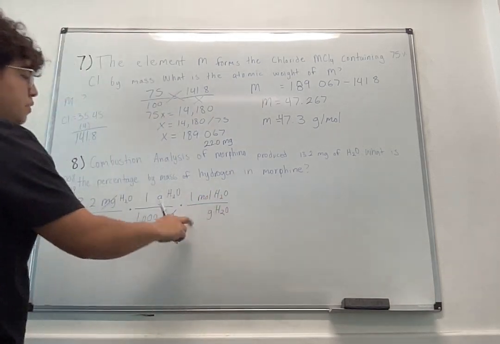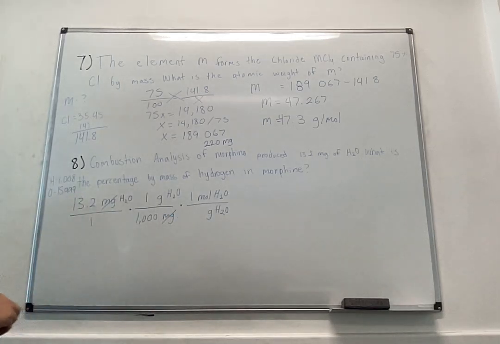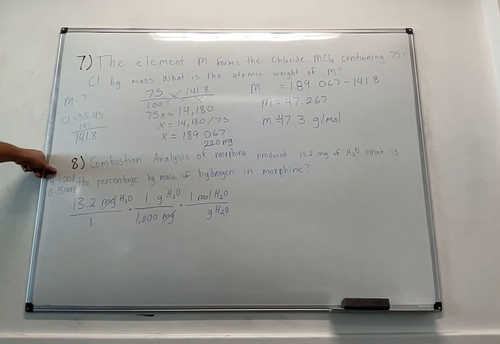So 1 mole of H2O weighs how much? Well, hydrogen is 1.008, oxygen is 15.99. So all we have to do is figure out the total mass of H2O. Don't forget, there are 2 hydrogens, 2H.